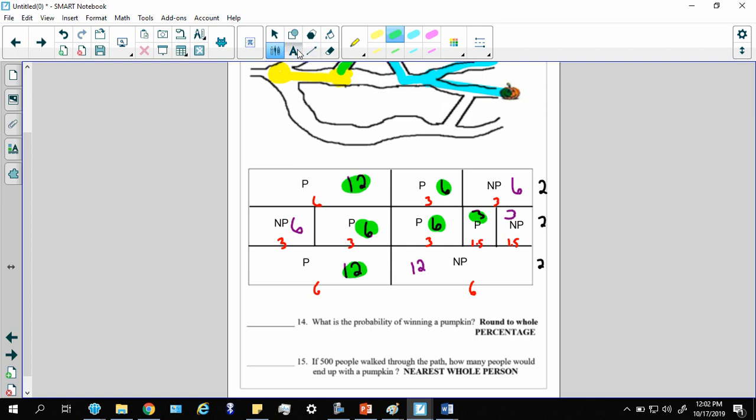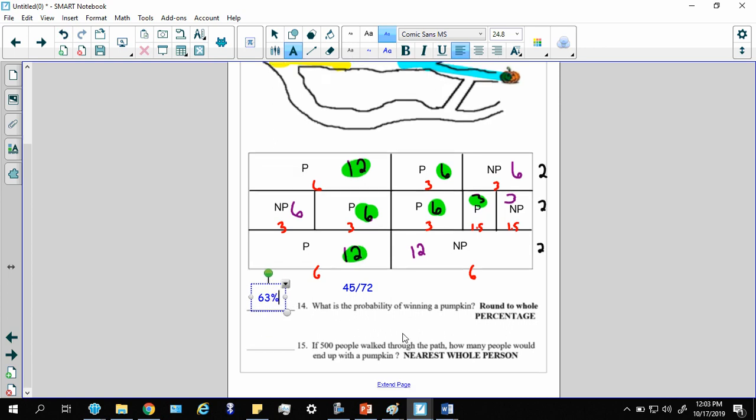I believe it ends up being, let's see, what does it end up being? I think it adds up to be 45. Let me check though. Let's say it's 18 plus 15 plus 12. Yep, 45 divided by the total area of the entire model, which is 72, and the probability ends up being 63%. Now, if 500 people walked to the pole, how many would end up with a pumpkin?